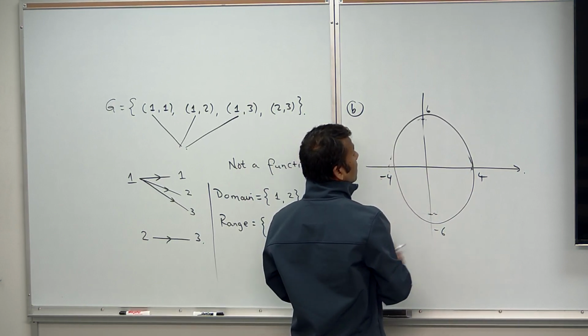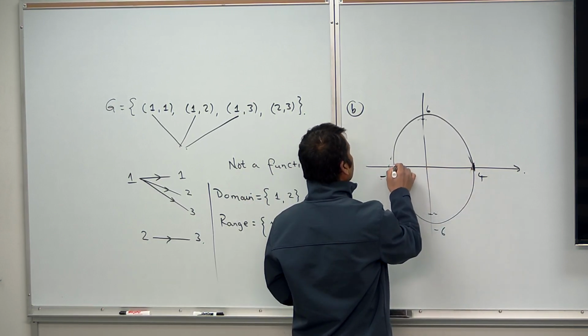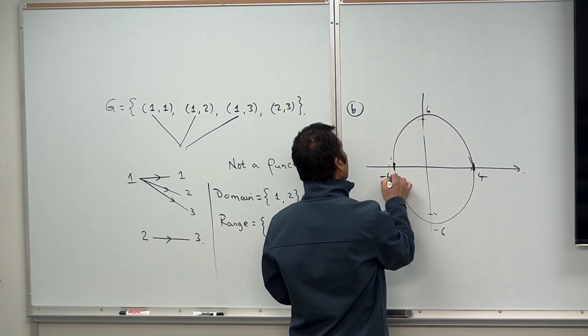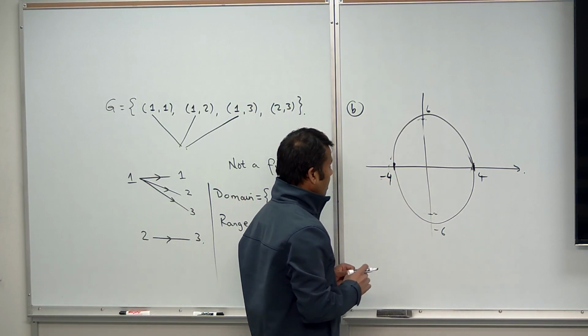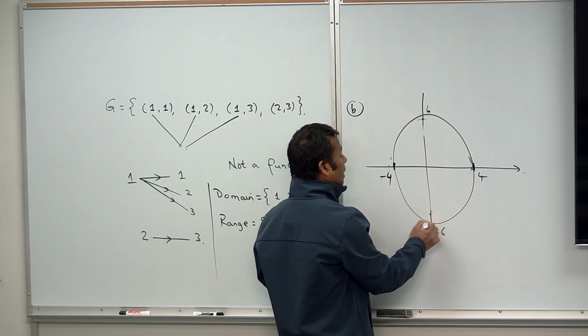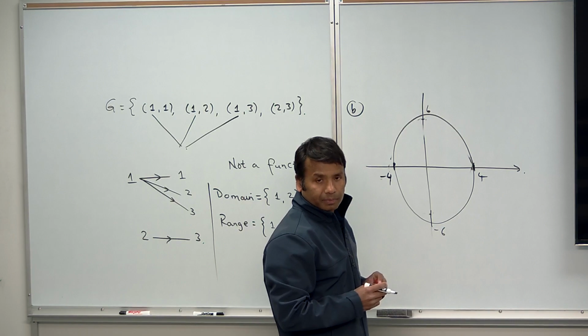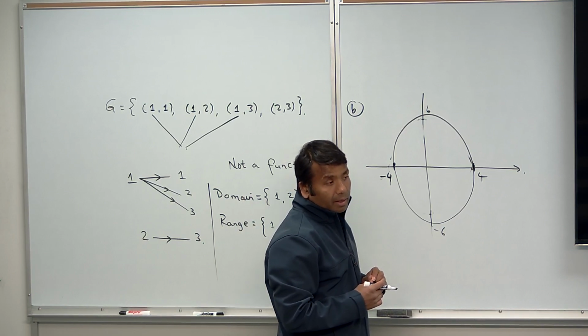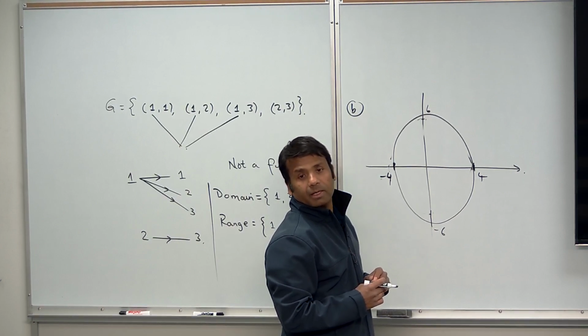So this is +4 and this is -4, okay guys? So domain is the set of x values. Yeah, but that's partially correct.